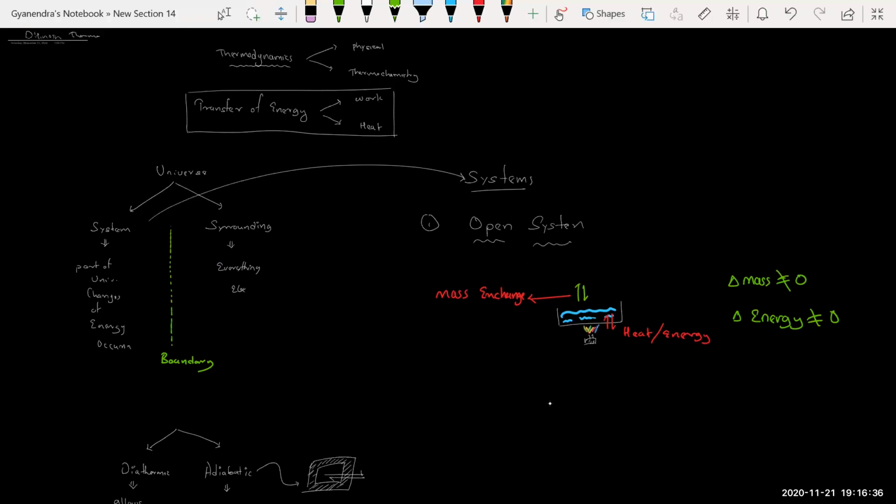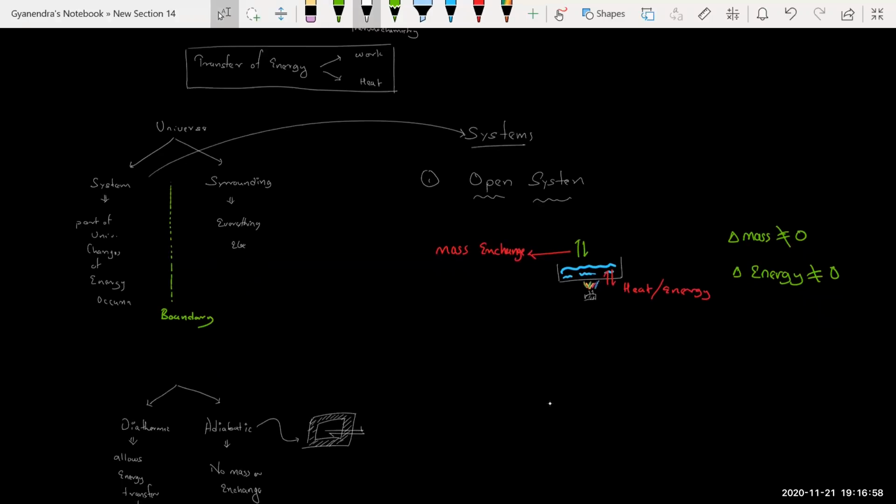Not including the burner, just the beaker, Dinesh. Sir, it will increase. Very good. That is what is happening. There is an exchange of heat occurring from the surrounding to the container, right? So our system is this beaker containing this substance.